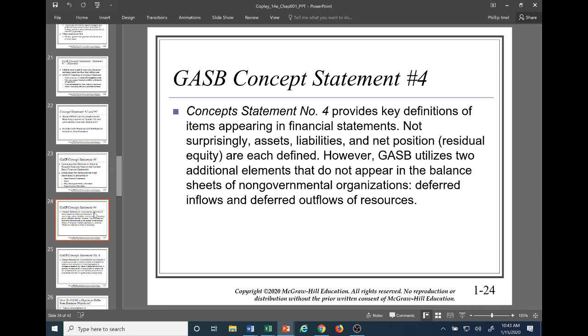Some typical transactions you'll see in AOCI will be changes in prior service costs for your pensions, for a change in a pension plan, or a change in accounting for a derivative, like a hedging of a derivative when you're speculating or hedging. So that's the sort of stuff we'll expect to see in these categories of deferred inflows and deferred outflows. But like I said, the main one coming in is going to be that of taxes.